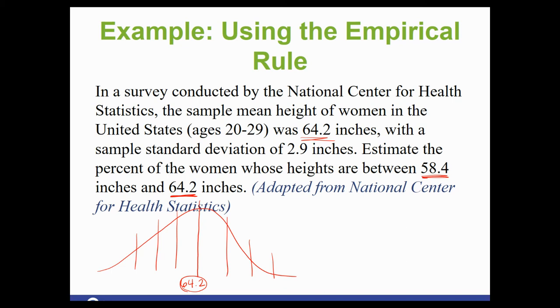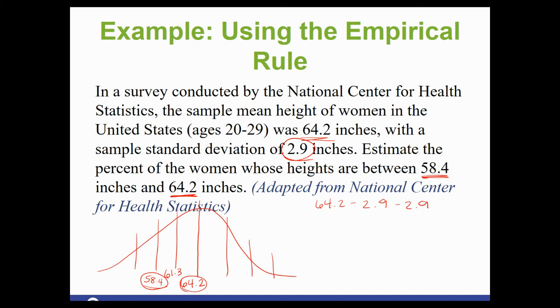So if we take our mean, 64.2, and subtract the 2.9, that's our standard deviation, we get the number 61.3. So that's the next marking on our normal curve. Now that's not quite the number we want, so we've got to do it again. So subtract again from it 2.9, and our next number should be 58.4. That is what we're looking for.